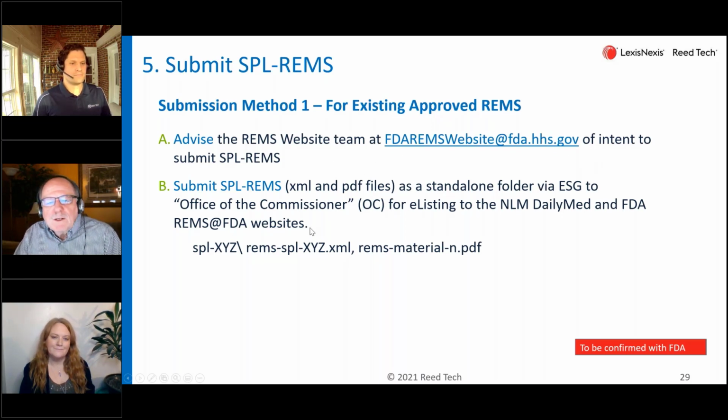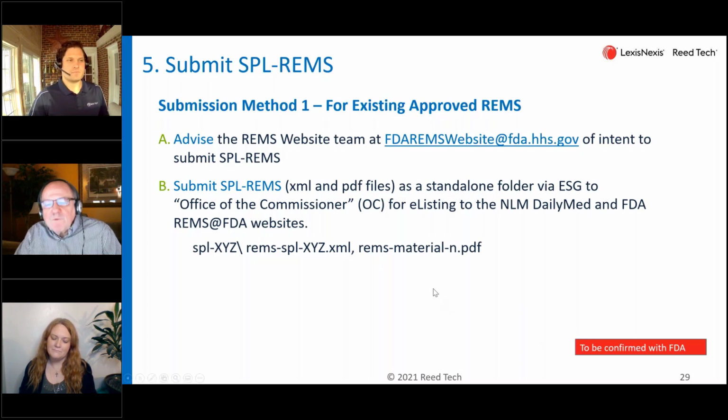So there's an email link there, and then you're able to submit that to the Office of the Commissioner, and you put those particular files. Now you have an XML file, and you have one or more PDF files, or none perhaps, 0 to many PDF files, all together in the same folder, and you get to name that, and then you send it off through the electronic submission gateway. This is the way it was done, and I believe that's the way it's going to continue to be done.